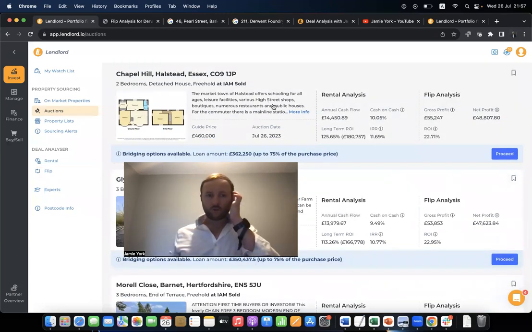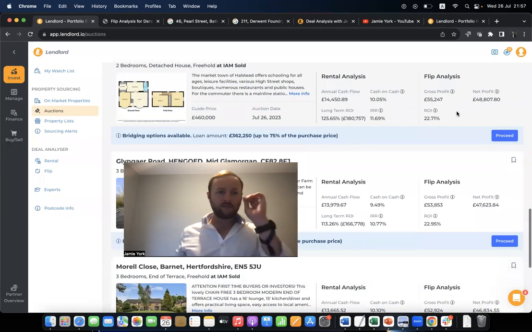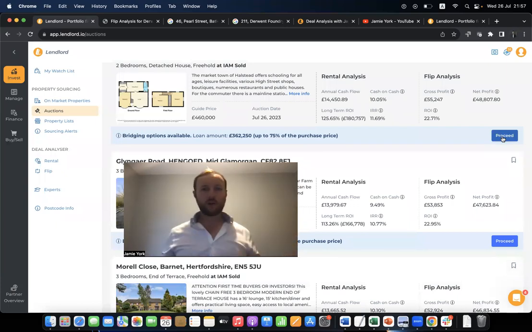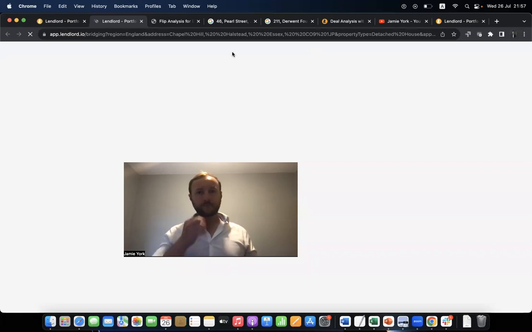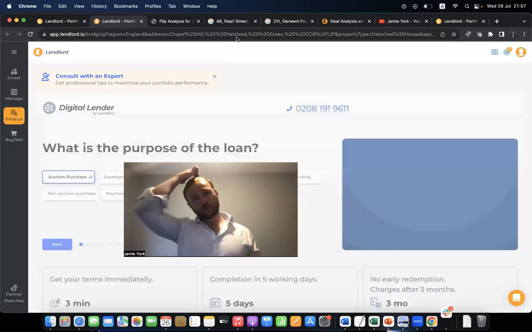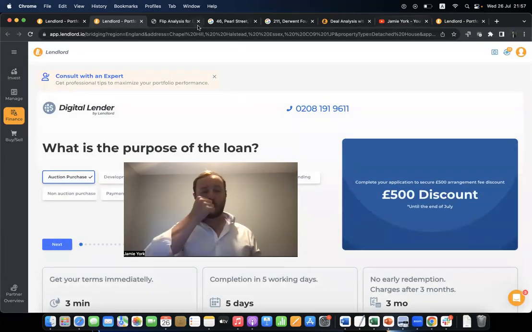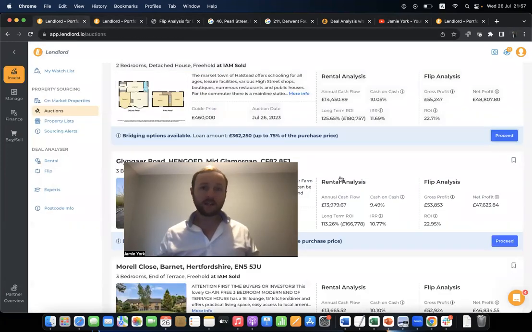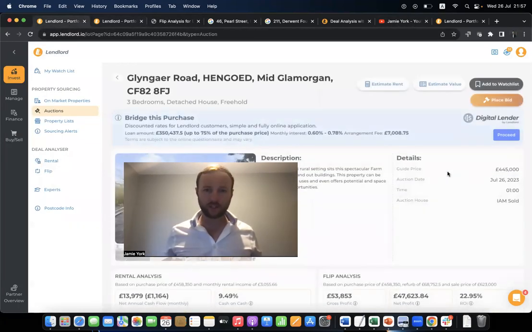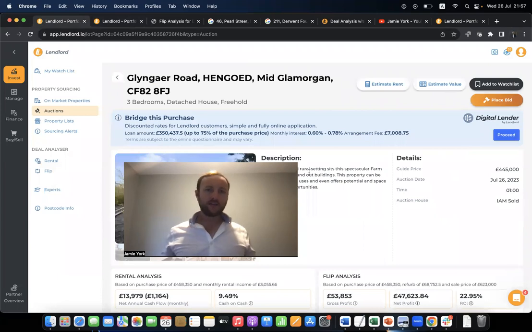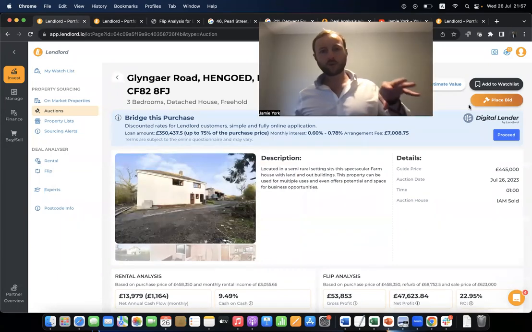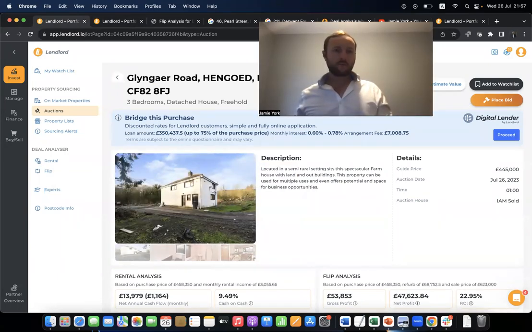So what you can do is use the Invest and Auctions section, which Avi's on now. You can search your area, you can flag it, and some sites will show how many people have downloaded the legal pack. That's a really good indication of interest. If not, you can talk to them. But what I would do is secure the finance.